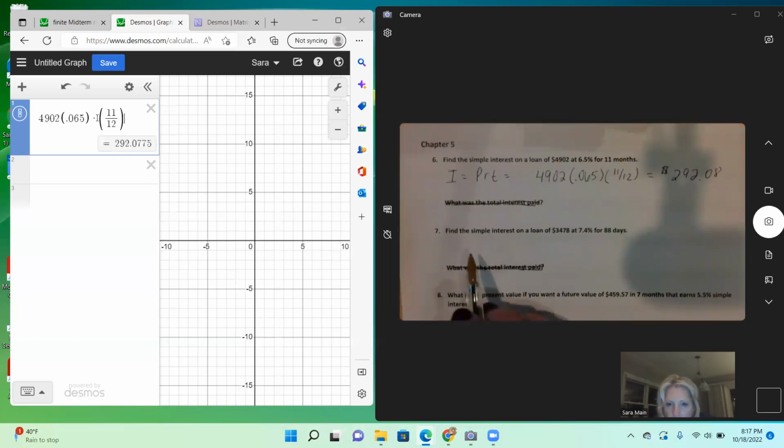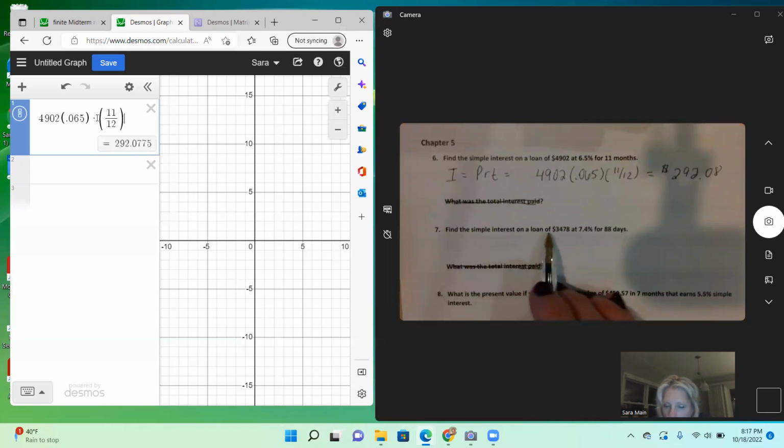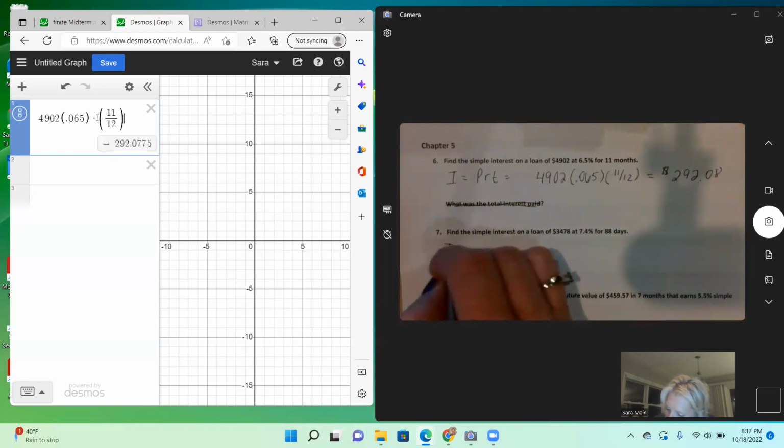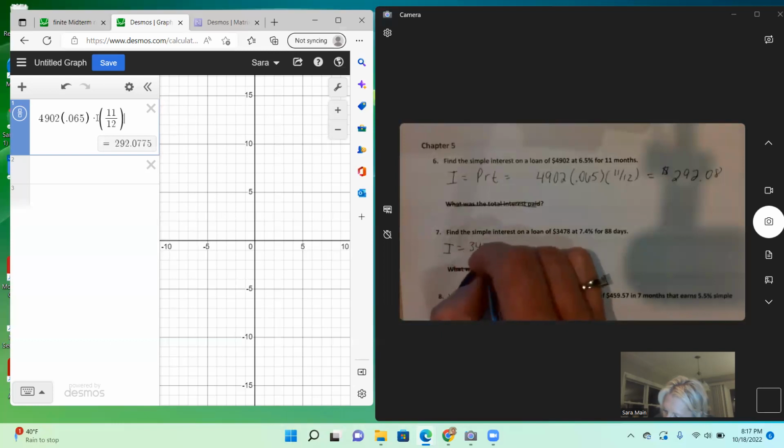Number 7 says, find the simple interest on a loan of $3,478 at 7.4% for 88 days. So same formula. This time the principal is 3,478.